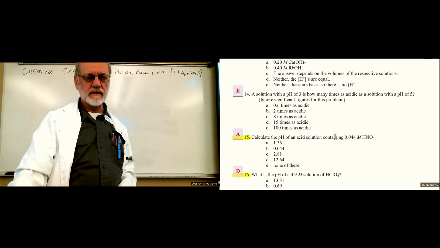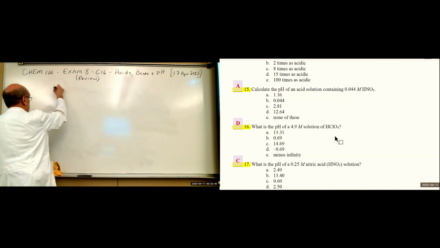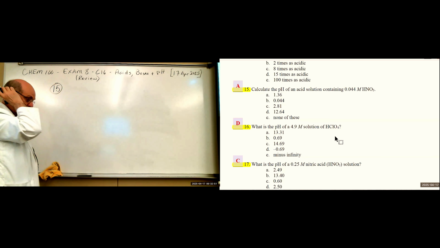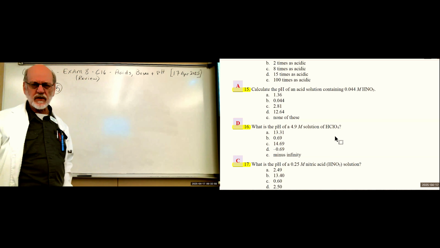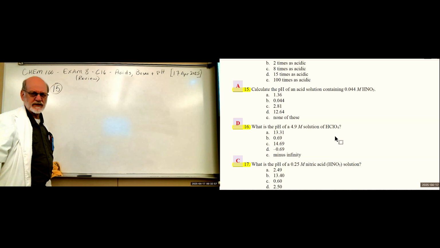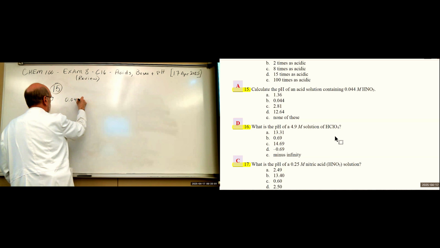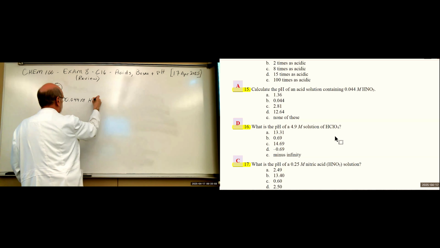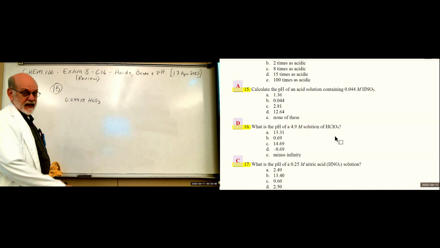Okay, who's next? Skip down a little bit to 15. Calculate the pH of an acid solution containing 0.044 molar HNO3. And we want the pH.